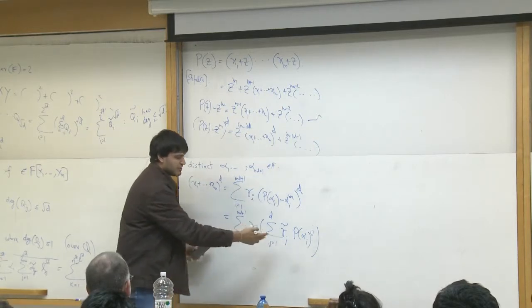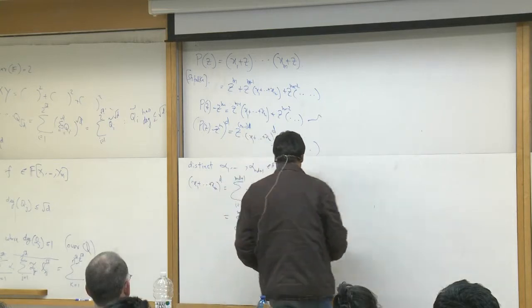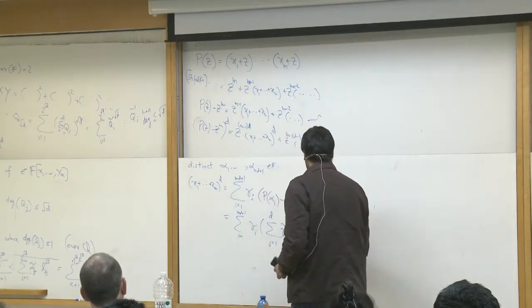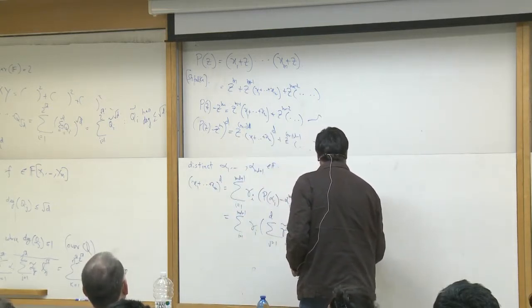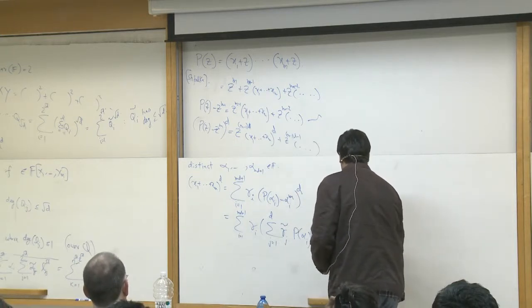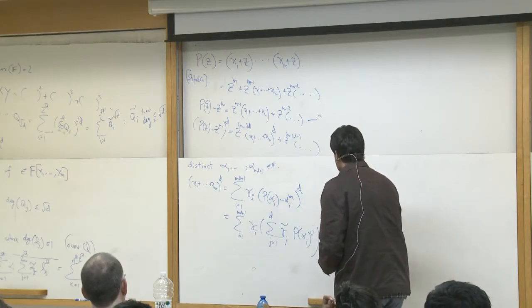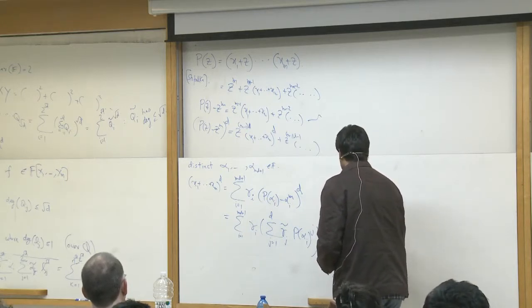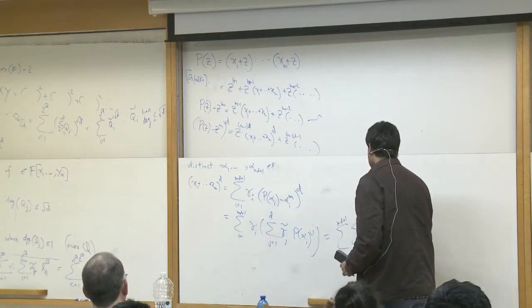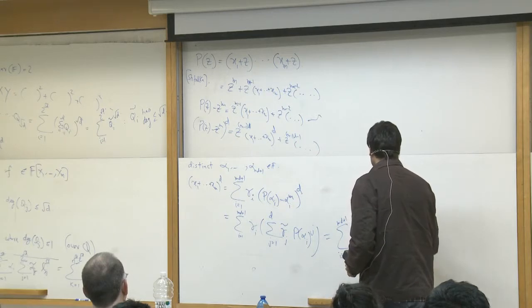So let's simplify this expression a little bit. Let's take this out. So this exactly is what we require. This is some beta ij. Right.